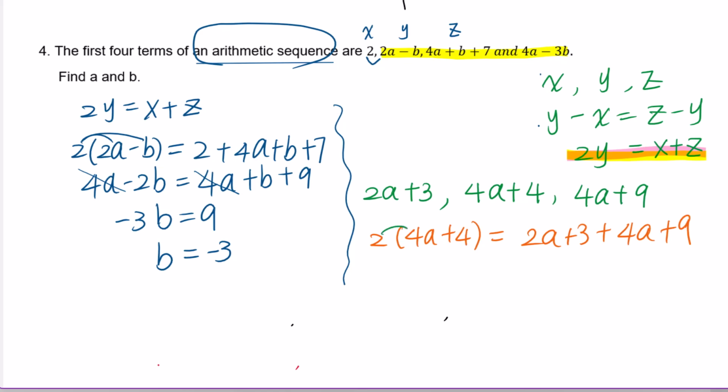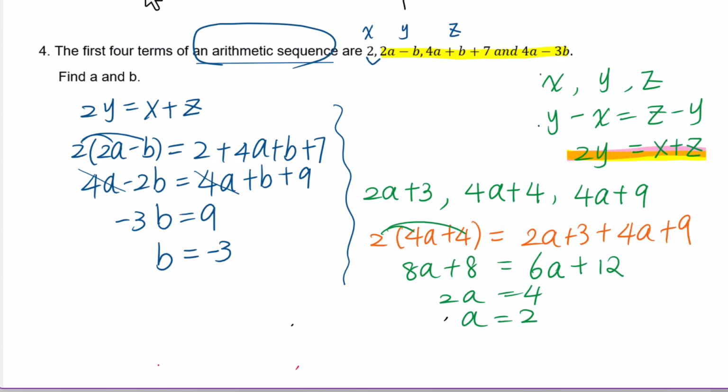Simplify: 8a plus 8 equals 6a plus 12. 2a equals 4. Then a equals 2.